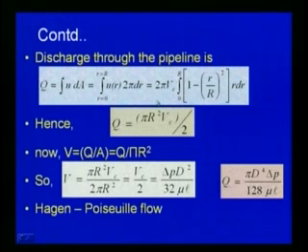Like this we can get the various parameters like the velocity variation or the discharge through the pipe, and also using this relationship you can find out the shear stress variation as far as the pipe flow is concerned. So, these are the basic relationships for the fully developed laminar flow in a pipe system.